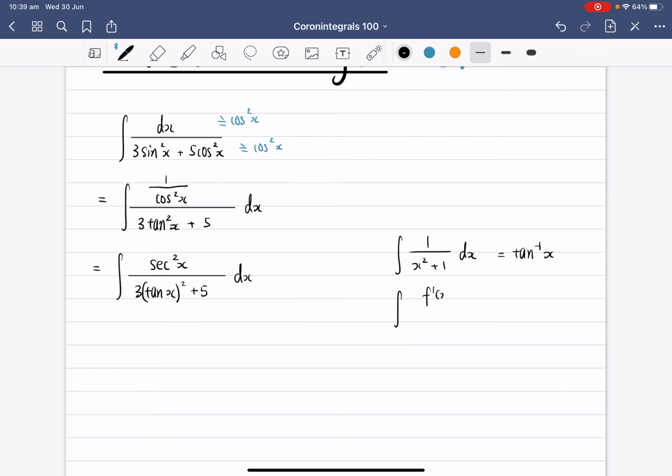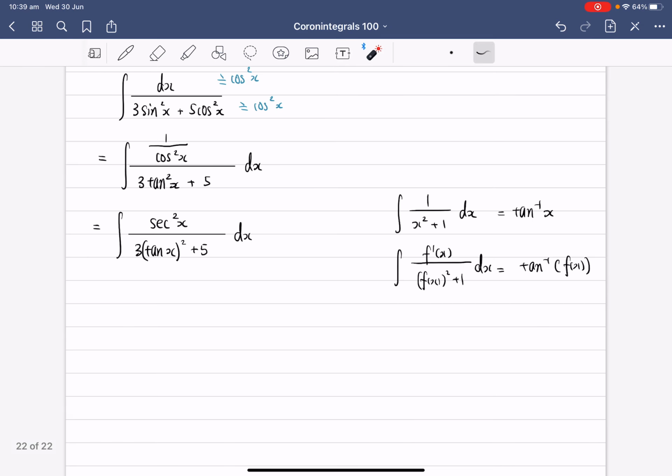If we have f dash x on the top over fx to the power of 2 plus 1 dx, then that gives us an inverse tangent fx. So this question is very similar to this format here, except we have a 5 there, which is fine, and also we have a 3. That's also fine. We can deal with that. This is not a big deal.